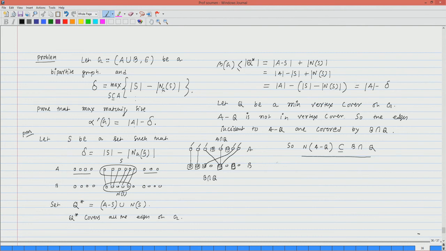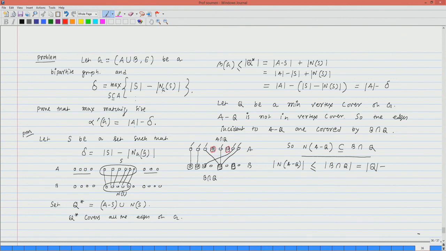Now, it is mostly algebra. You compute the cardinality of the neighborhood of A minus Q. This is less than or equal to the cardinality of B intersection Q, which is equal to Q minus A intersection Q. Q is the total vertex cover, and B intersection Q is this part, and let me make them red.